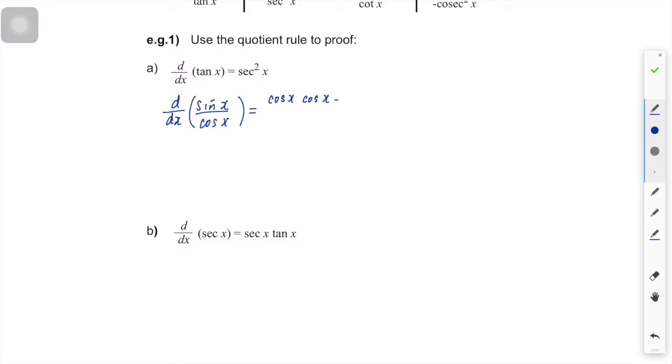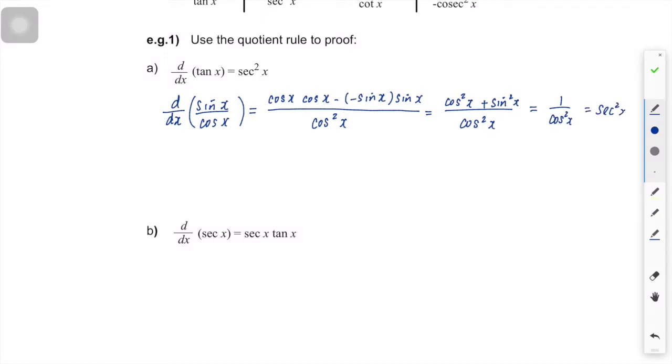Subtract the derivative of the denominator, which is negative sine x, times sine x, all over the square of the denominator. Okay. The numerator turns out to be cos squared x plus sine squared x over cosine squared x. And we know that this is 1 over cos squared, which is secant squared.